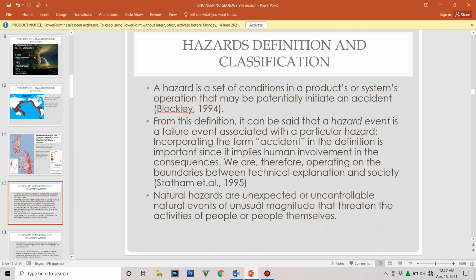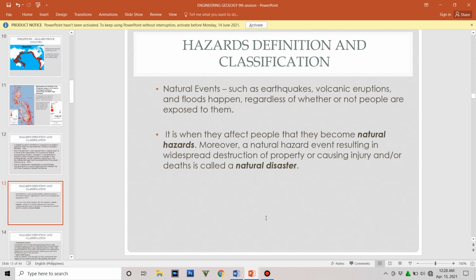So natural hazards are unexpected or uncontrollable natural events of unusual magnitude that threaten the activities of people or people themselves. So natural events, these are events such as earthquakes, volcanic eruptions, and floods that happen regardless of whether or not people are exposed to them.